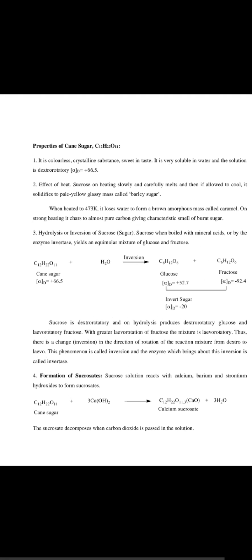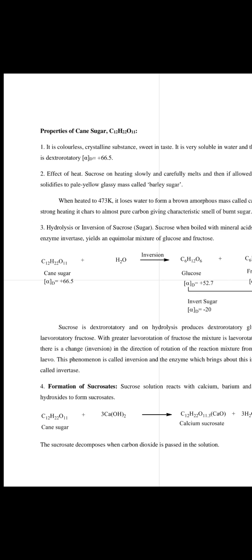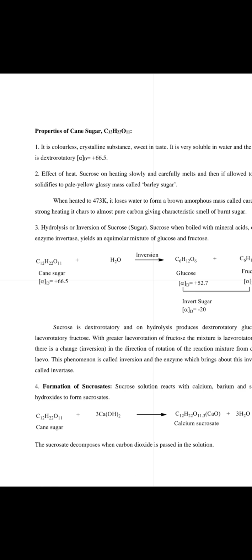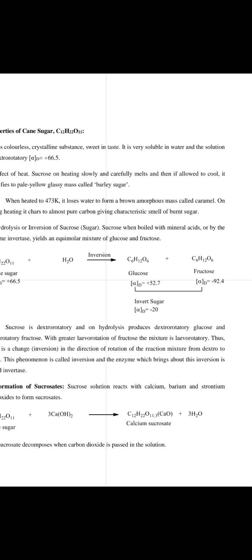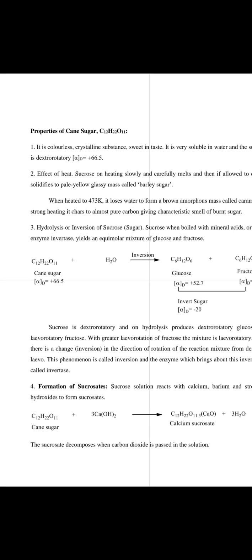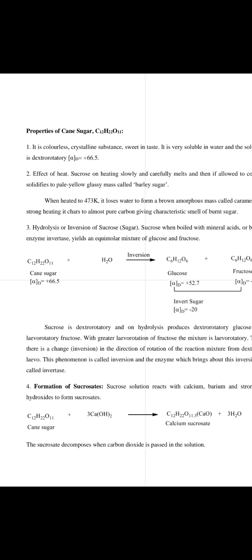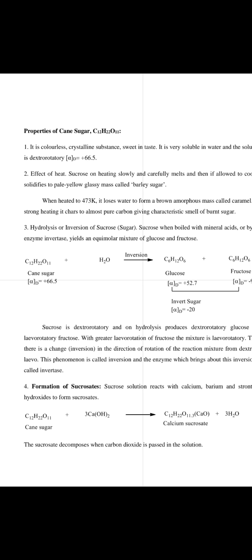Now, properties of cane sugar. You know, it is a colorless, crystalline substance, sweet in taste. It is very soluble in water and is dextrorotatory, meaning plus 65.5.